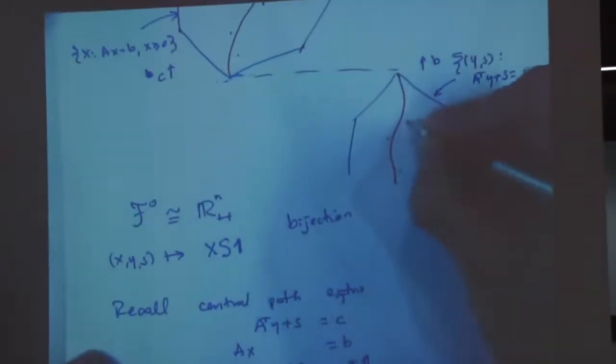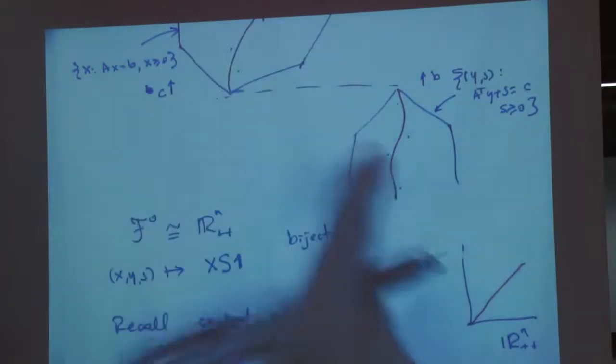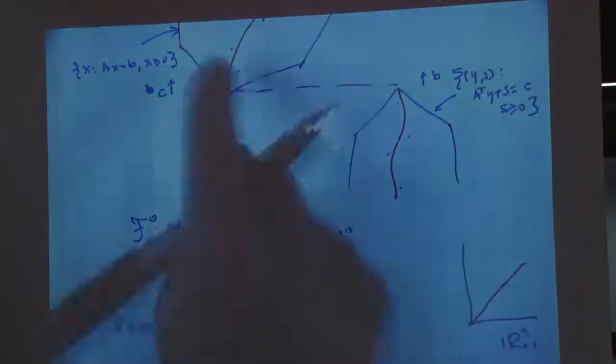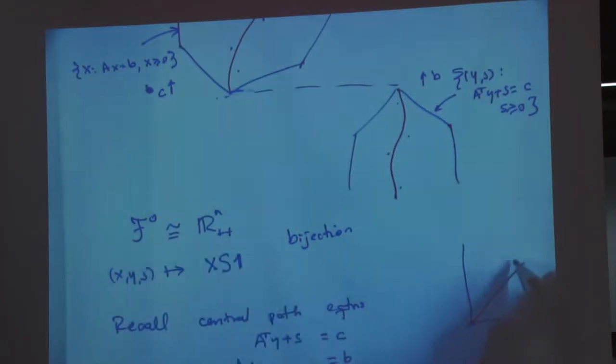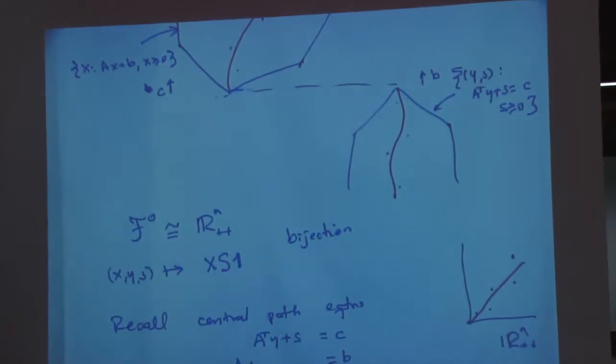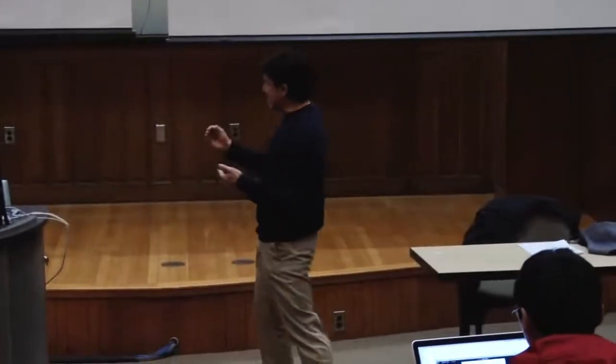So we are generating both primal and dual points. Or if you think in terms of this correspondence again, what we are doing is generating points, if we were to visualize them here, that are converging to the optimal solution. The heart of the algorithm is what is called the Newton step, the update from the current iterate to the next iterate.